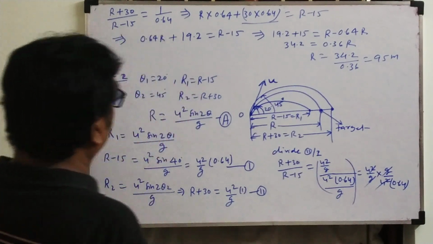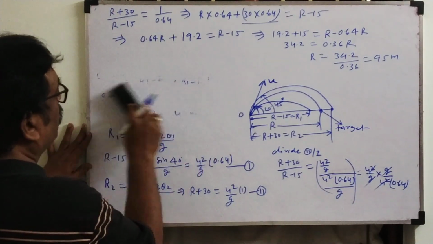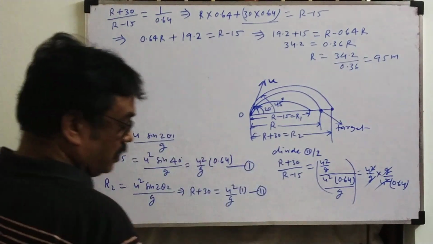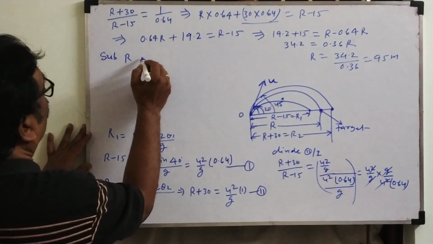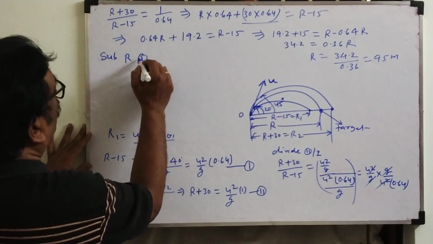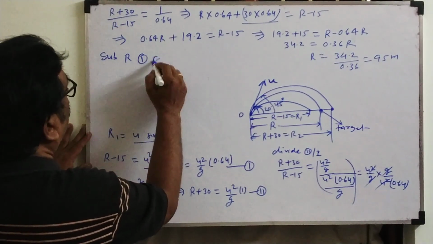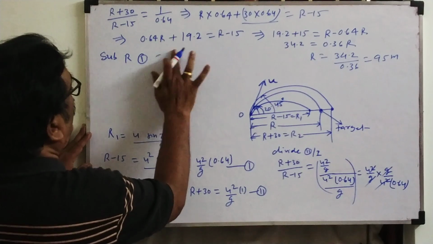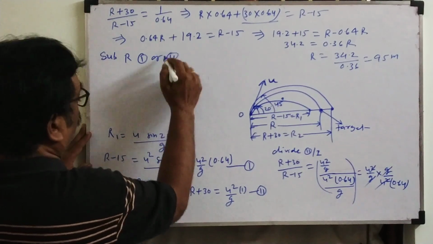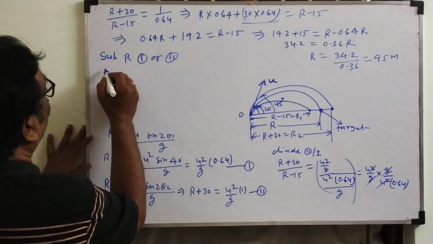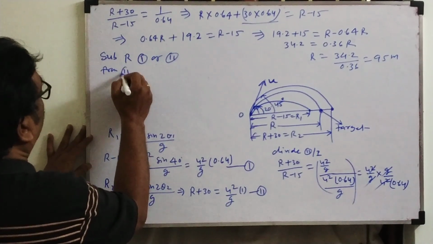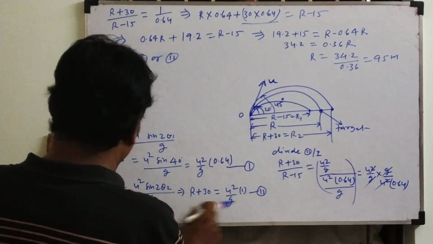Okay, so now I will rub out this part also. Continue: substitute R in either equation 1 or 2, wherever you want. Which is easy for us? Take equation 2, because this calculation is a little less.